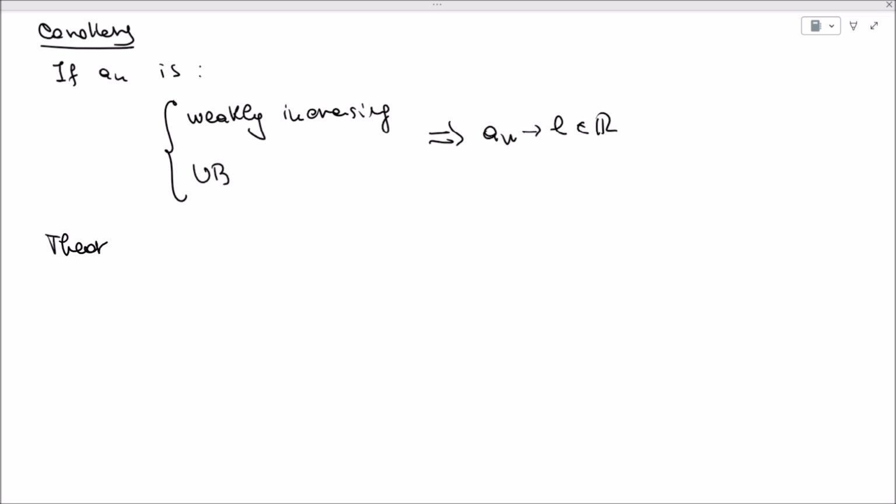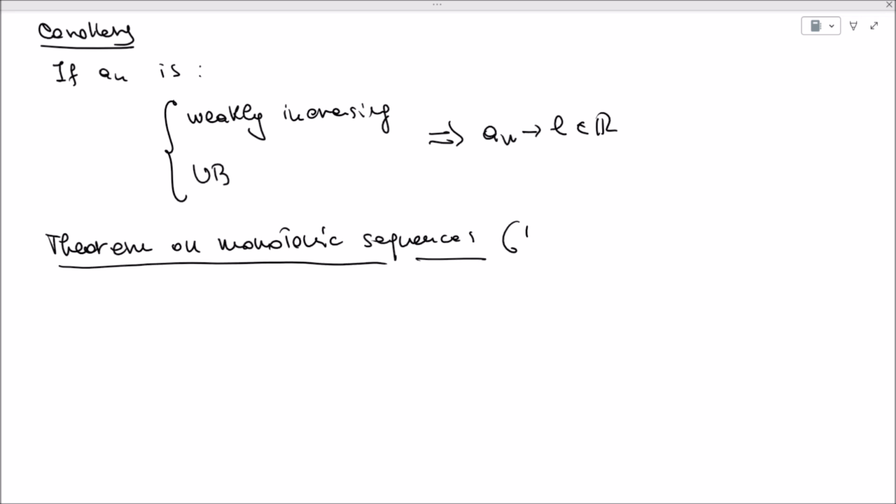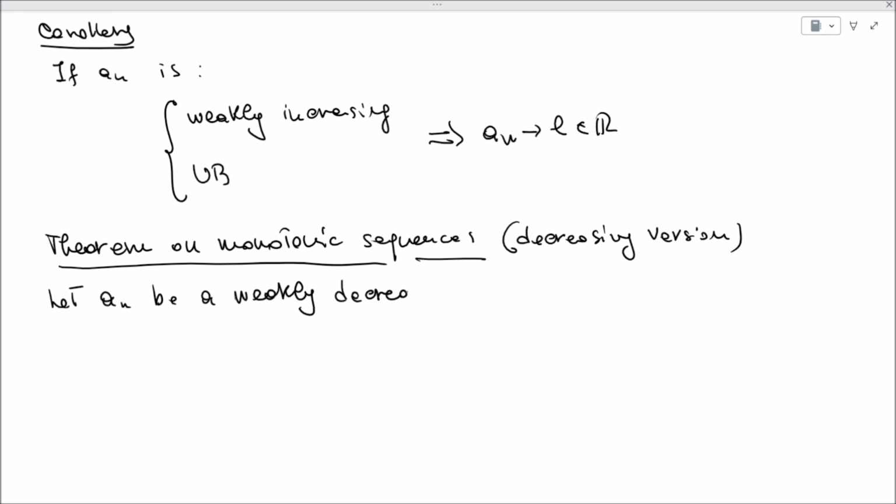So let's say we have another version of the theorem on monotonic sequences, and this will be the decreasing version, and again let an be, this time, a weakly decreasing sequence.